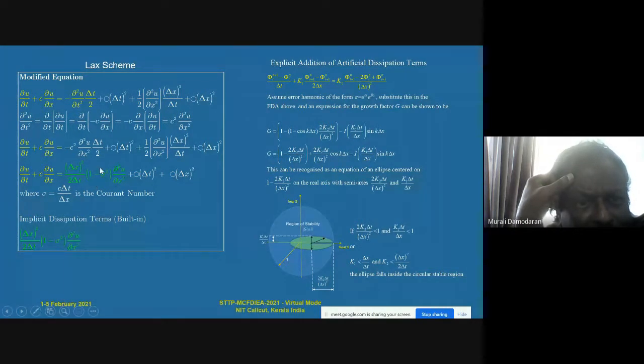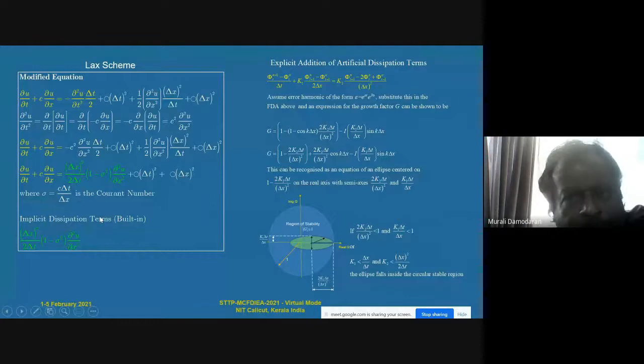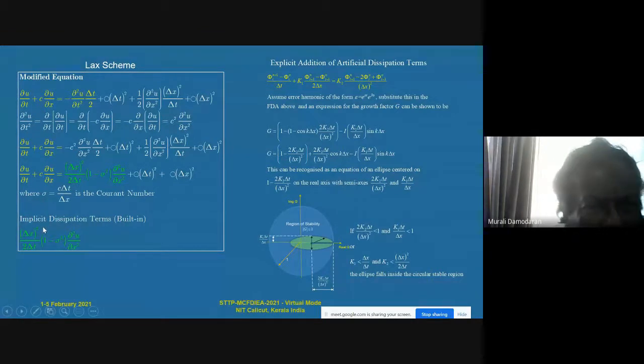That is actually an implicit dissipation term that is already built in by way of the discretization process, which you don't realize, and you can't control it because it depends on the Courant number.